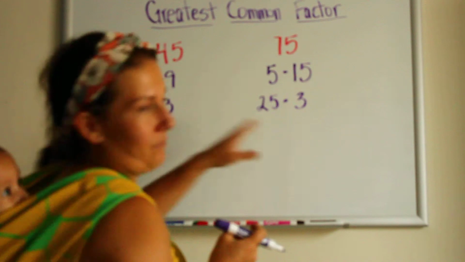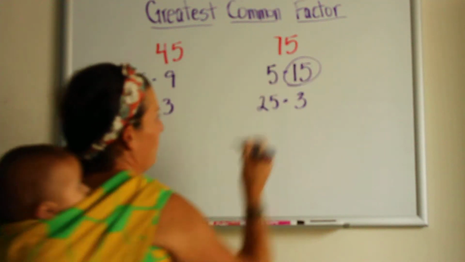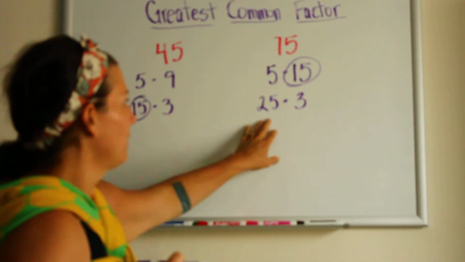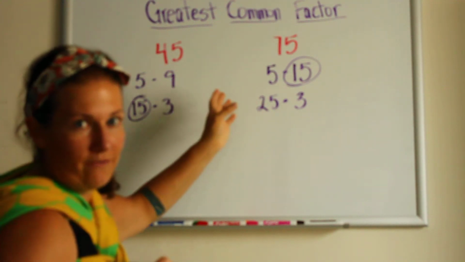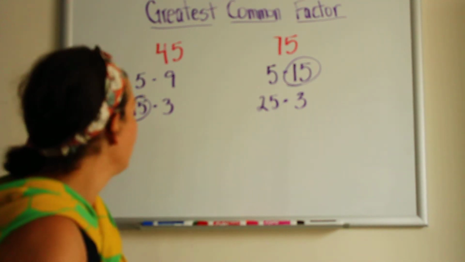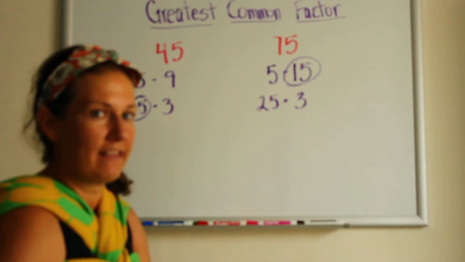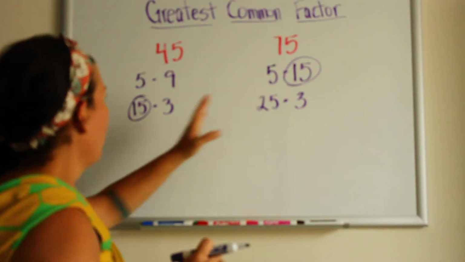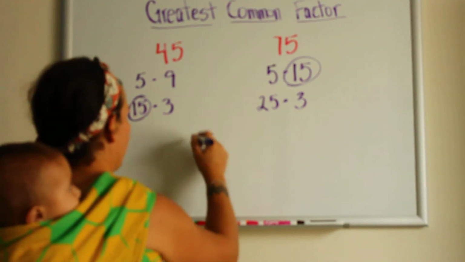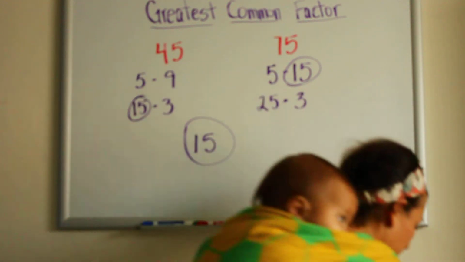Already I'm realizing that 15 is the same between those two, so I just want to look at 25. Would 25 go into 45? No. Are there any other numbers between 15 and 25 that will go into both? Not that I can think of. So at this point, I'm going to stop and say that 15 is the greatest common factor.